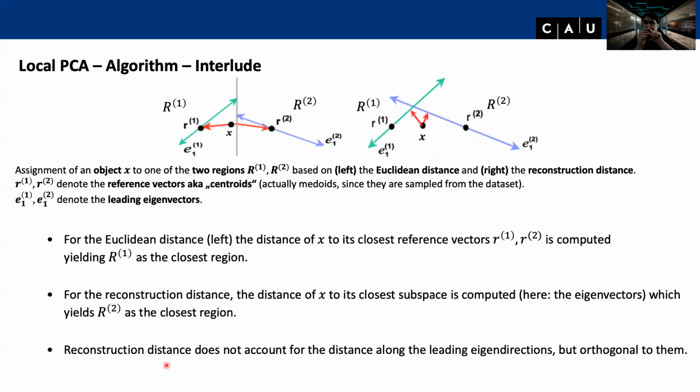It doesn't care if it's here or here or here, but it accounts for the distance which is orthogonal to it. This is the main idea. The reconstruction distance rewards closeness orthogonal to that subspace, to that leading eigenvector, but does not reward any difference along this one leading eigenvector.